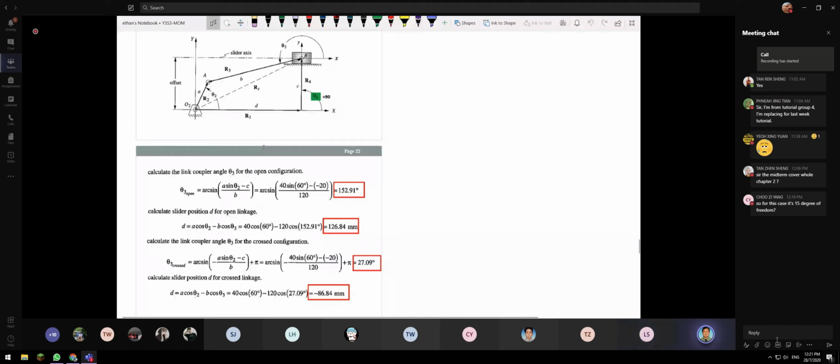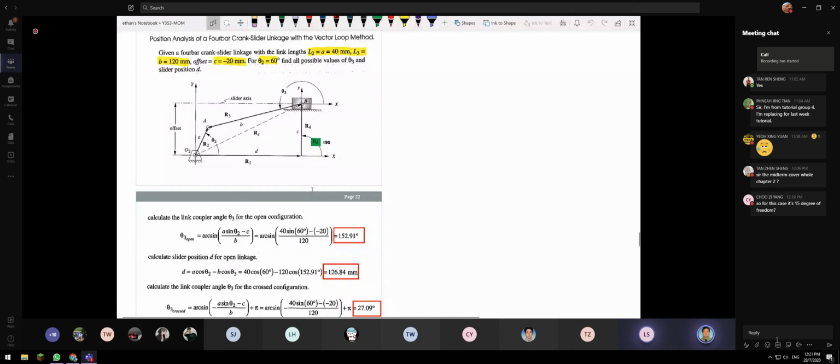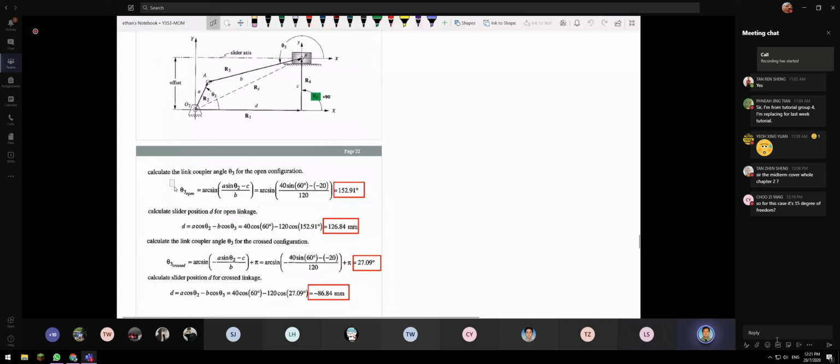Okay. So you mentioned that theta 4, is it always 90 degrees? No, not necessary. In this example it is a parallel case, so it is given.